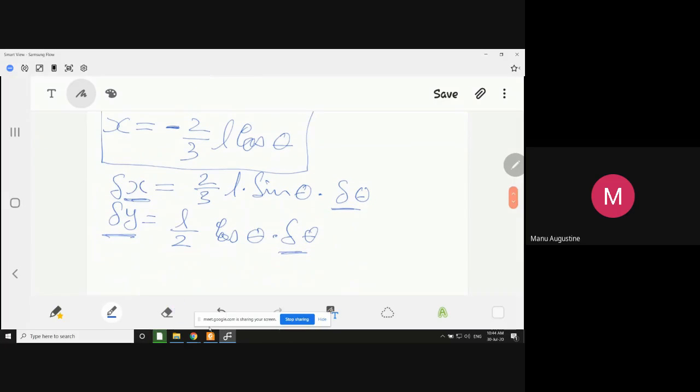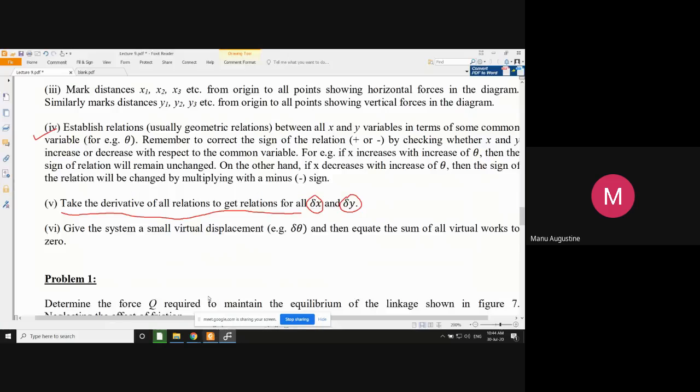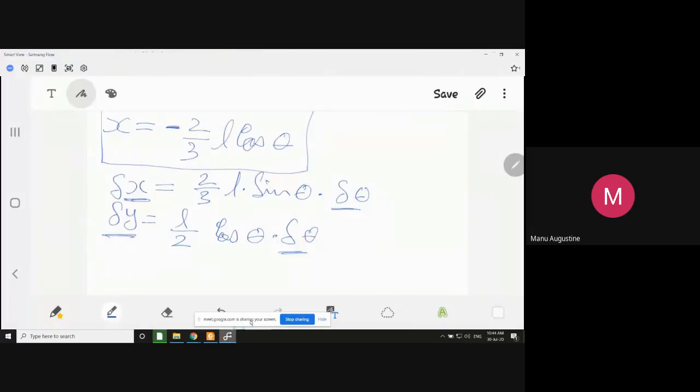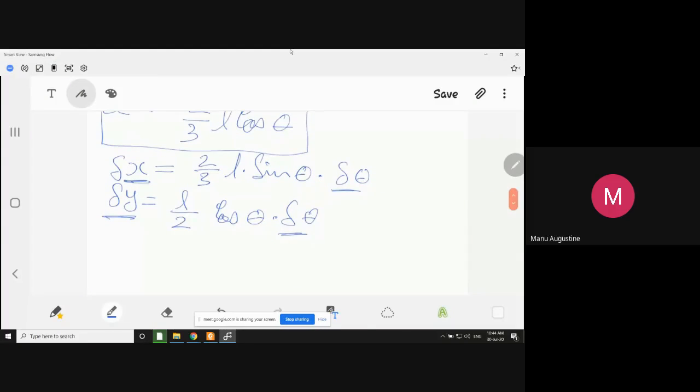Now, what is the next step? Give the system an actual small virtual displacement. Now you actually try to move the system and see what is the virtual work created by all the forces. Then equate the sum of virtual works to 0. So what do we have to do? Let us come back to our system.